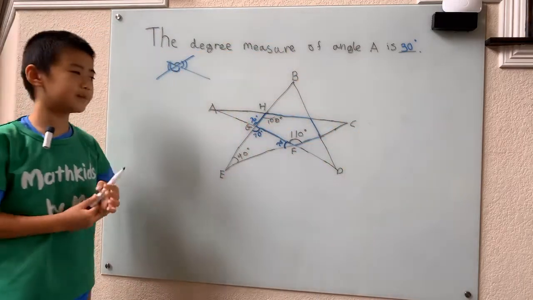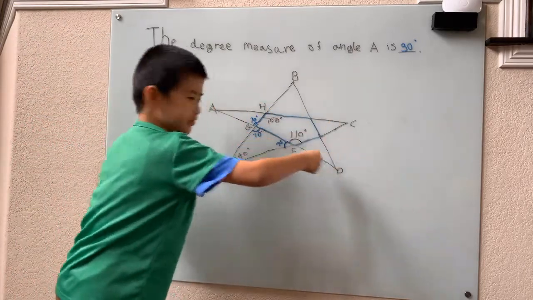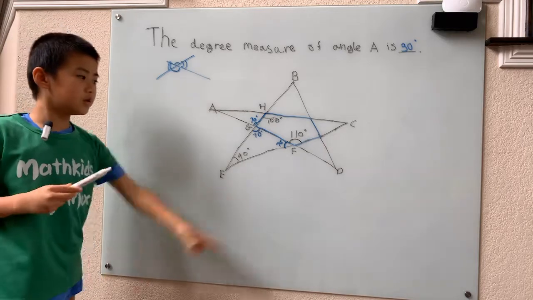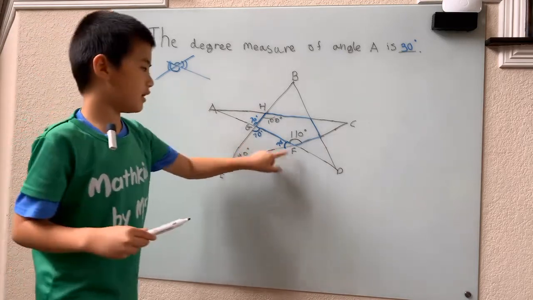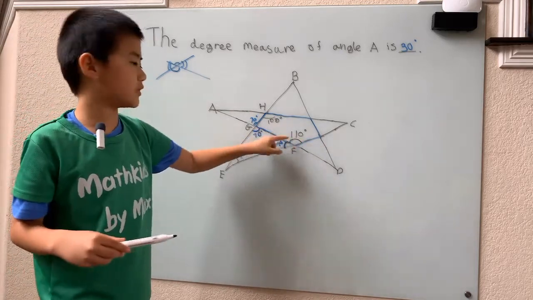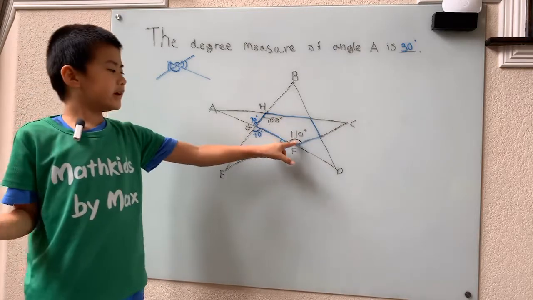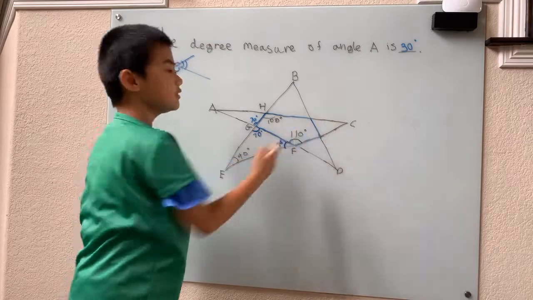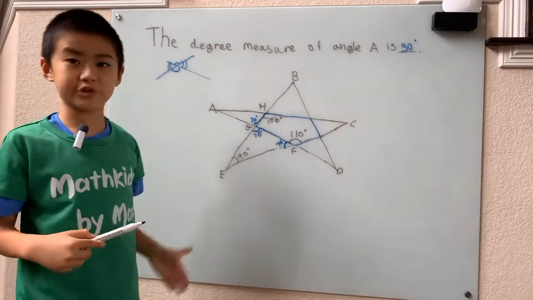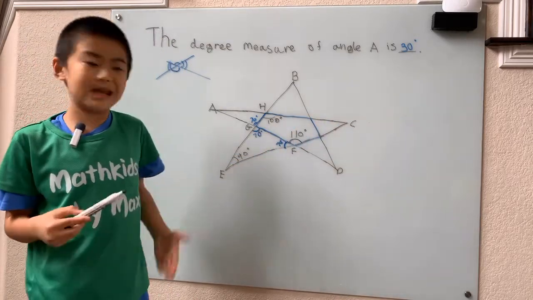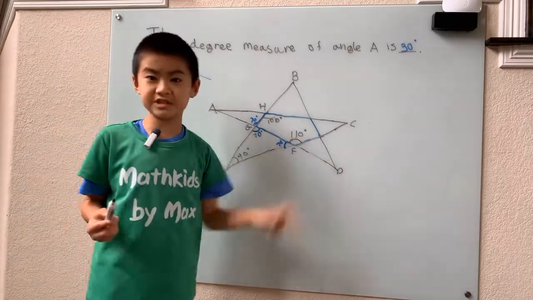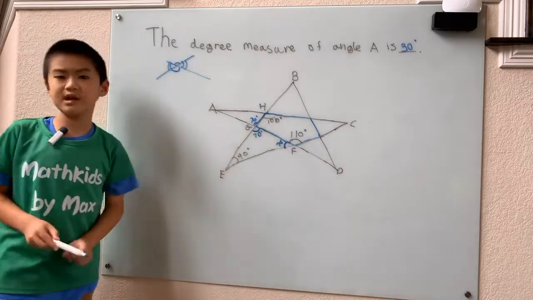In this giant triangle ACF, we want angle A, and we know one of the angles. We know angle F right here, this little 110 angle. If we can just find angle C, then we take 180 degrees and subtract off the sum of the measures of angles F and C, and that's angle A.